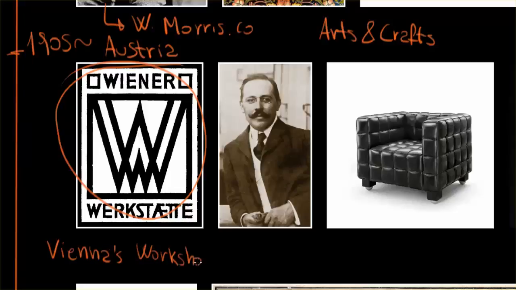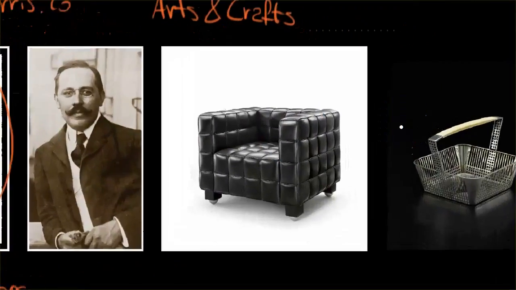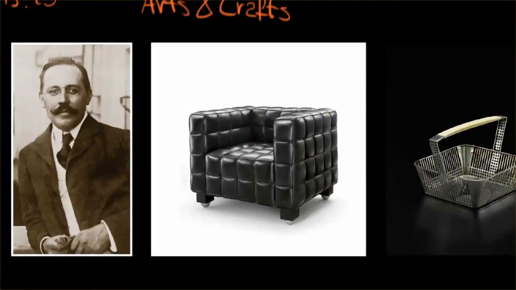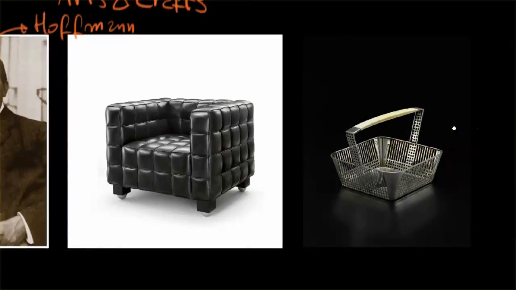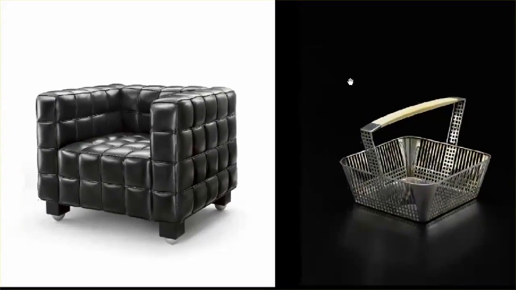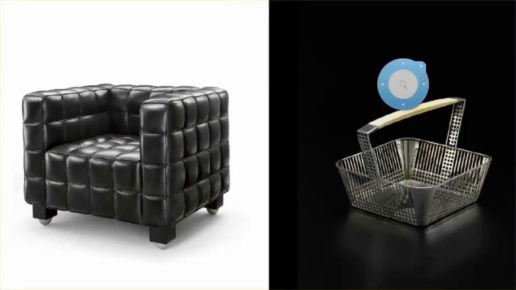And this company used the help of designers like this man over here, Josef Hoffmann, and they produced a set of objects that were very significant at that time because they represent an aesthetic search for something different, to move away from the ornaments of the past.